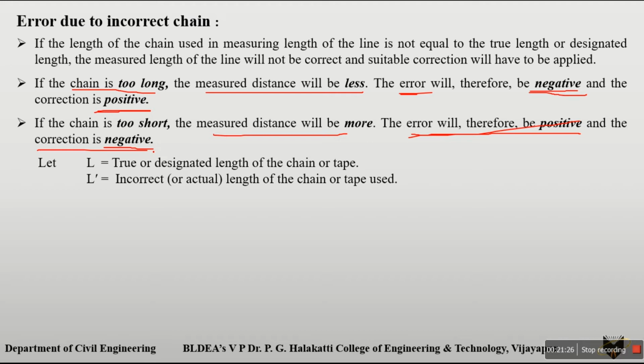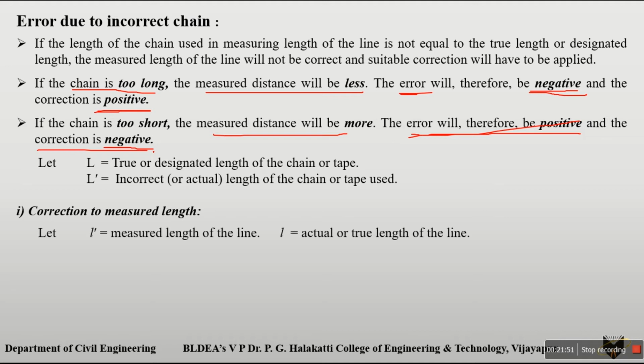Capital L means the true length, the actual length of the chain, maybe 30 meter or 20 meter. L dash means the chain length is maybe more than 20 meter or lesser than 20 meter. The first formula is the correction to measured length.